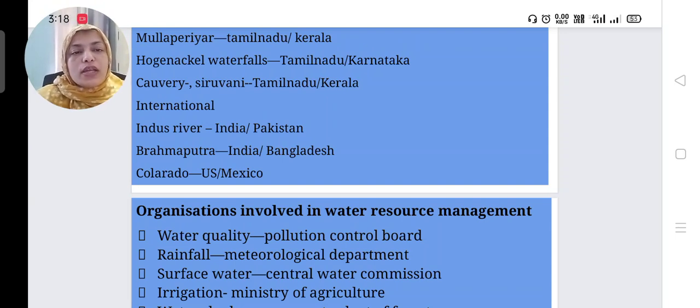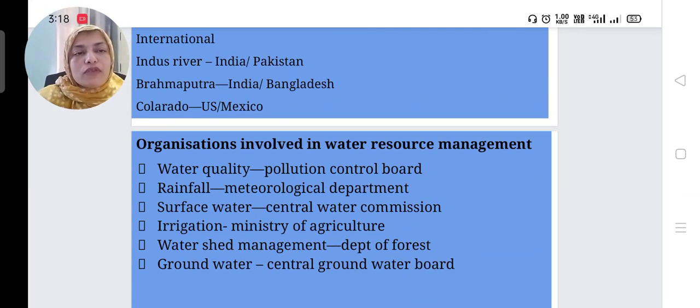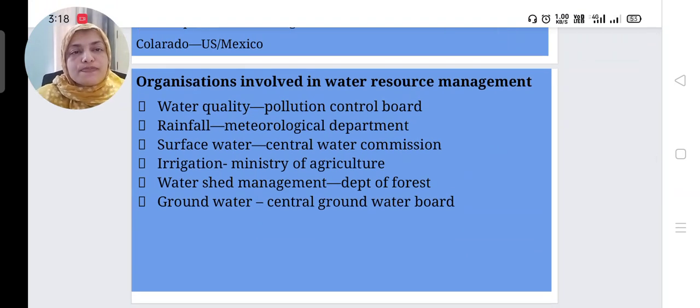Then organizations involved in water resource management. Government has some departments and organizations for the management of water resources. To check water quality, there is the Pollution Control Board. Then to check the rainfall, the Meteorological Department.